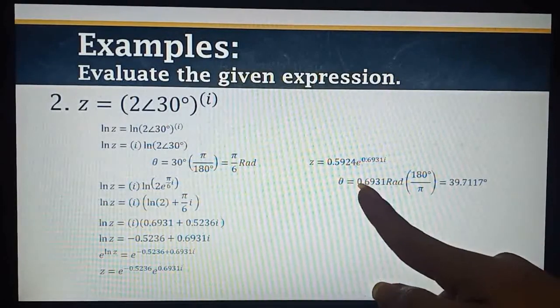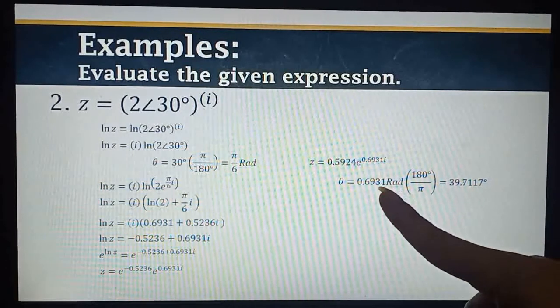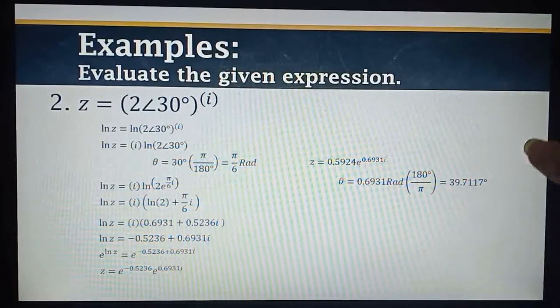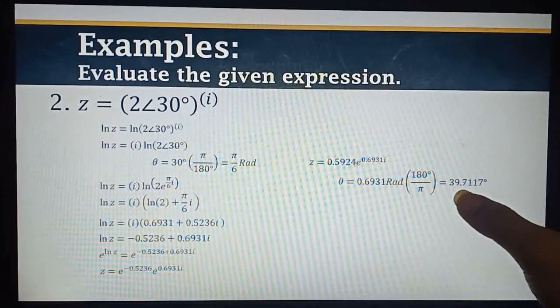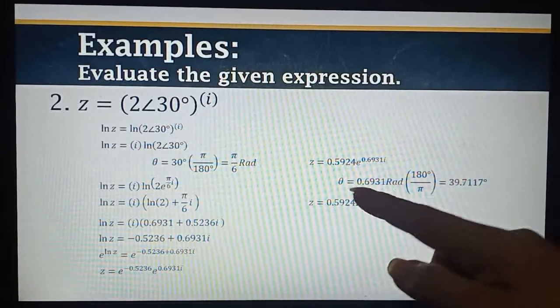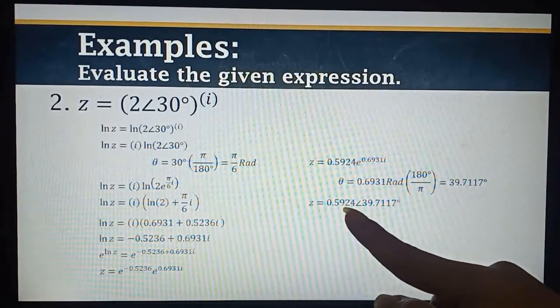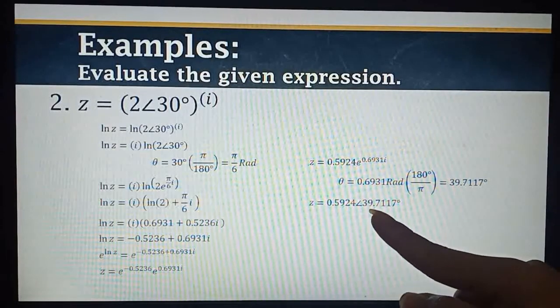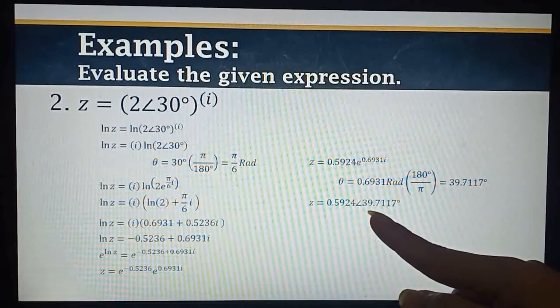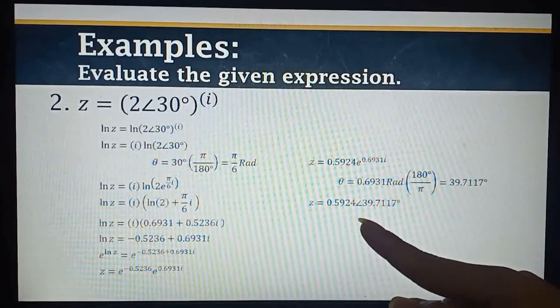Then si theta na 0.6931 rad, i-convert natin into degrees by multiplying sa 180 over pi, that is now equivalent to 39.7117 degrees. So ang magiging equation na natin ngayon in polar form is 0.5924 at angle 39.7117.